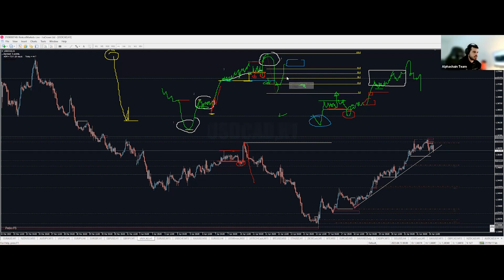Continuation down, or if number four was to come down, react from a demand zone, and then push upwards, I'd probably look for a continuation.